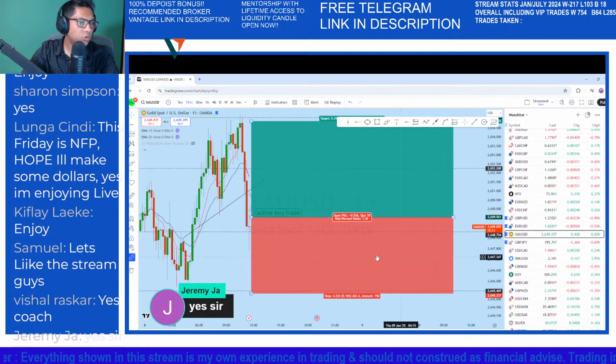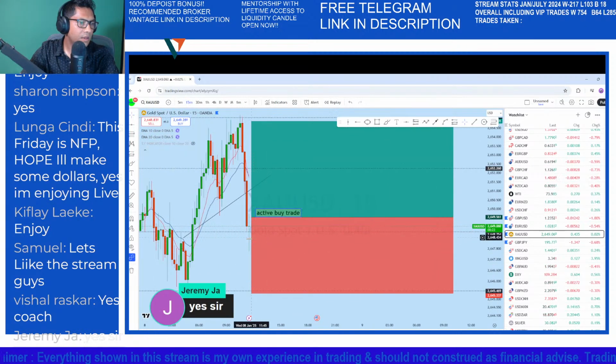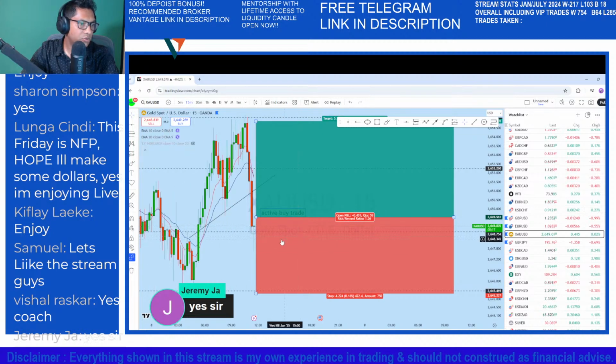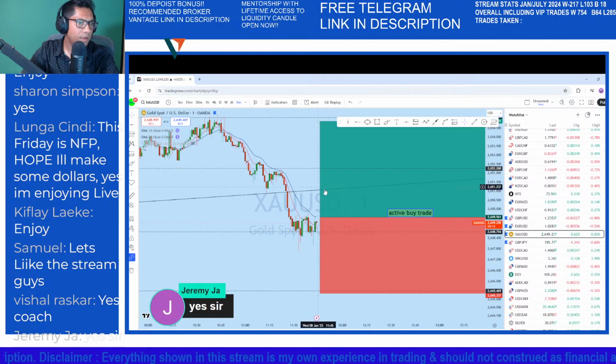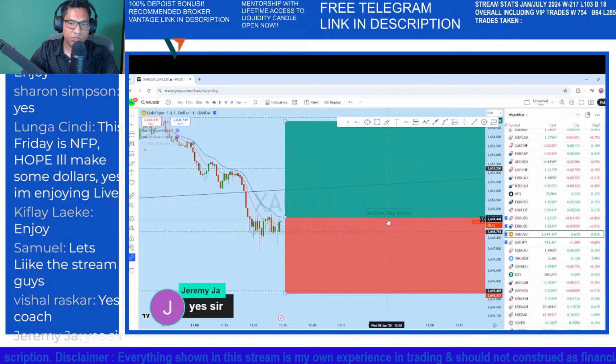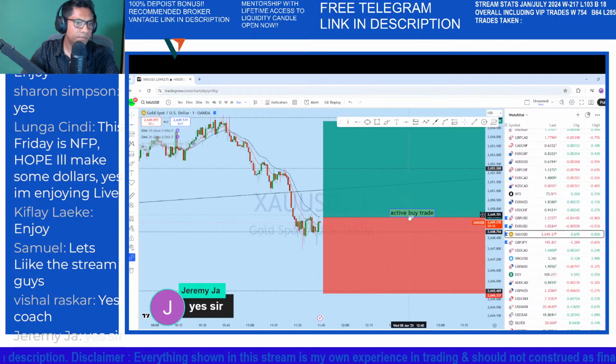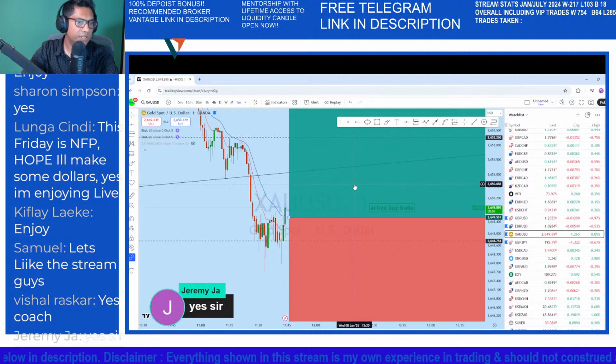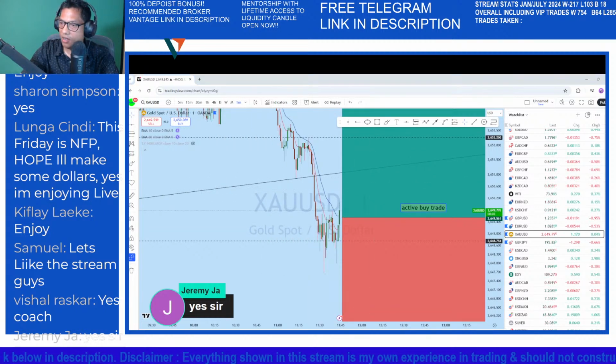Now the 15 minutes closed as a doji. And now this doji is an important question. Is it pushing the price back up? We see a 15 minutes candle close. Okay, so it pushed the price back up.